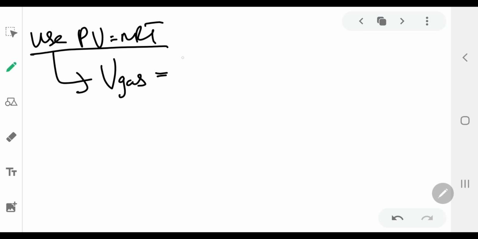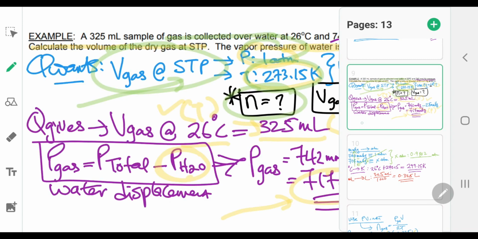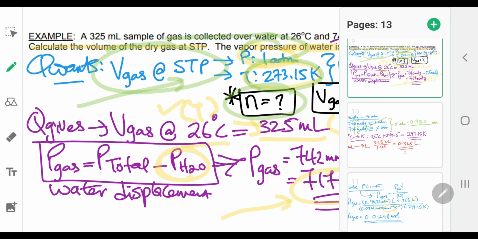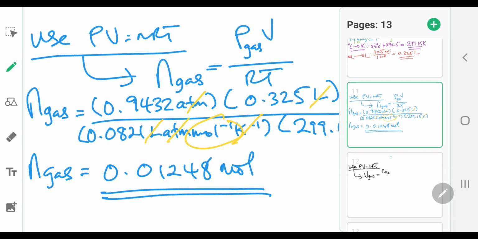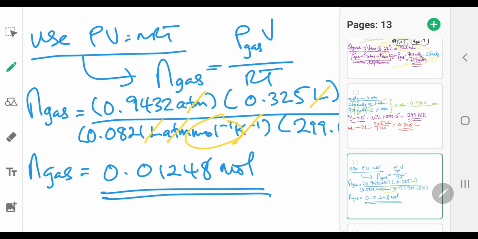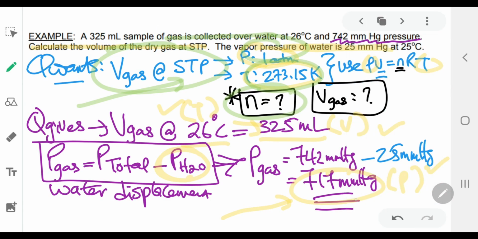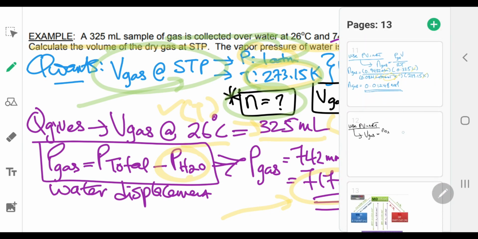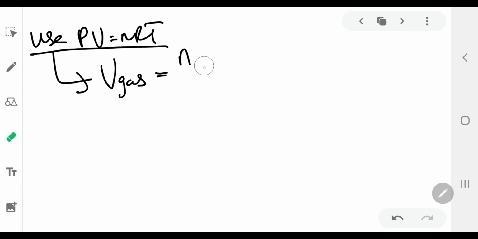So the volume of gas is the mole of your gas times RT over P, the pressure at STP.